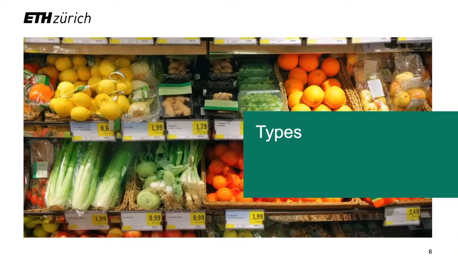What are the atomic types that you have in XML? On Zoom? Nobody? Yes, over there.